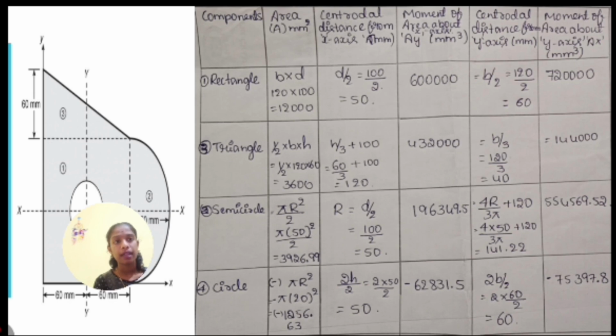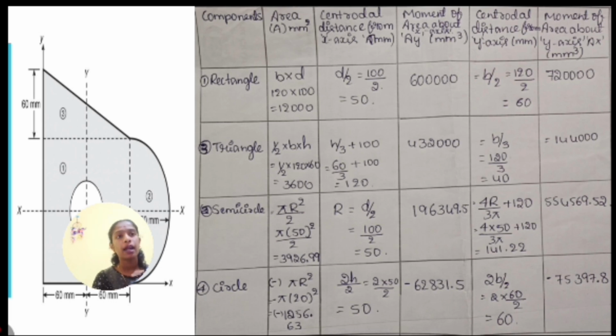And for a triangle we have area 3600 and centroidal distance 120. 3600 into 120 we get 4,32,000. And for the semicircle we have area 3926.99 and centroidal distance 50. Multiplying both, we get 196349.5. And for the circle, the moment of area about the x-axis, multiplying area into centroidal distance, we get a negative 62831.5.